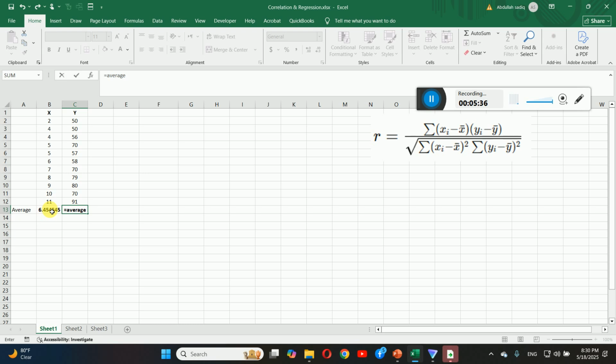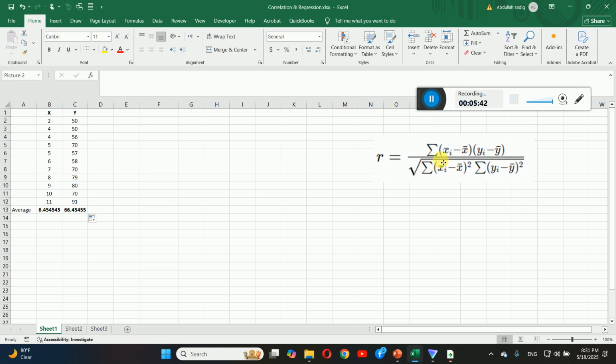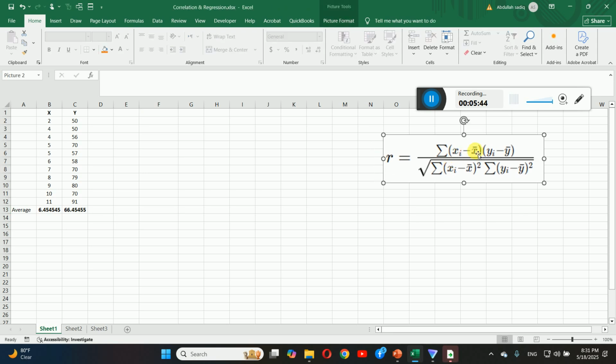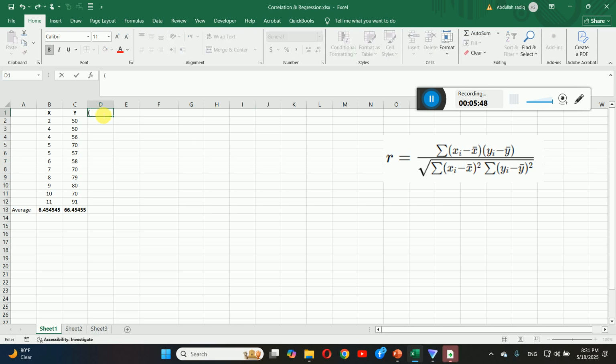Just drag it to the right. In this formula we have x minus x bar and y minus y bar. First I'm computing x minus x bar. So equal sign, from each value of x subtract the value of x bar. This is x bar. Just press F4 to fix this cell reference.